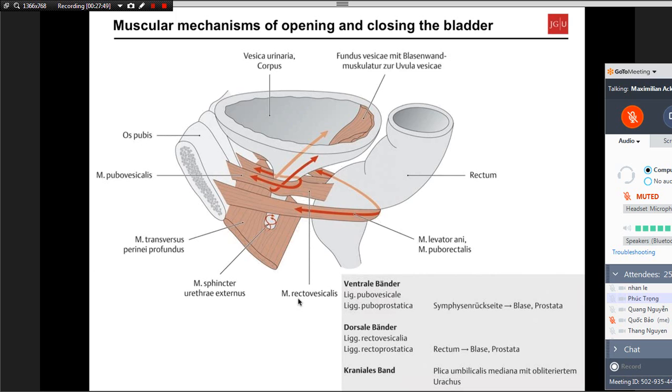This is the so-called pubovesical muscle and the diaphragm, which builds the transversus perinei and the sphincter, the external sphincter of the urethra.